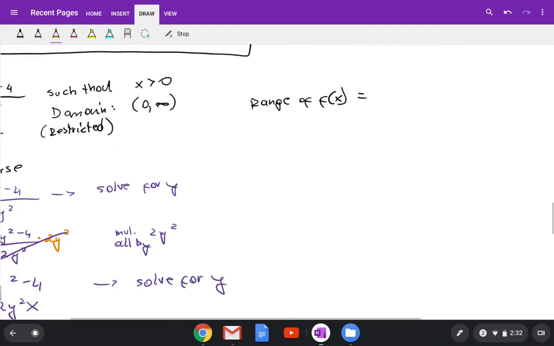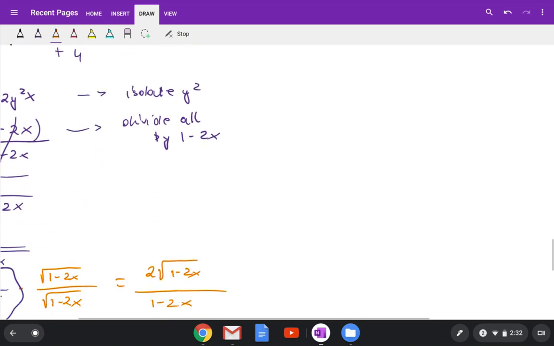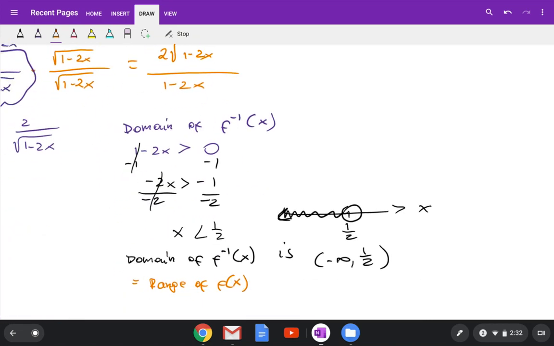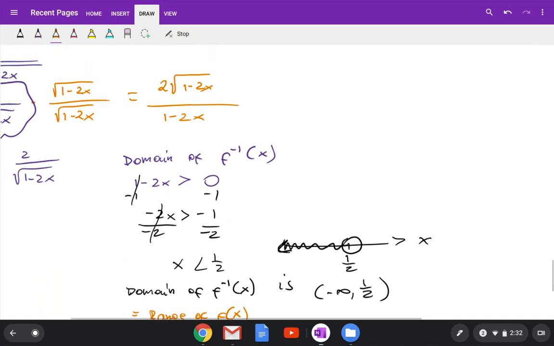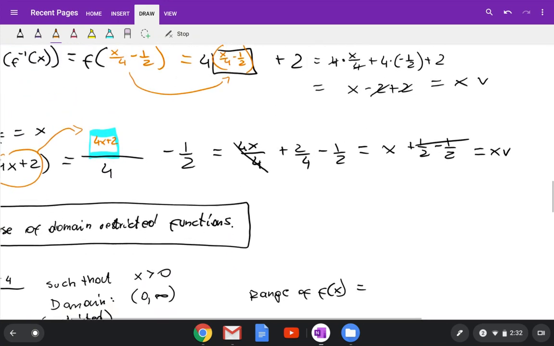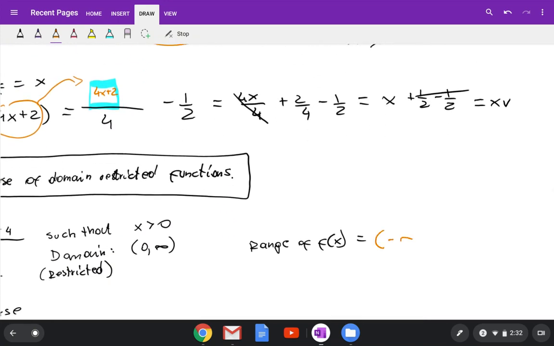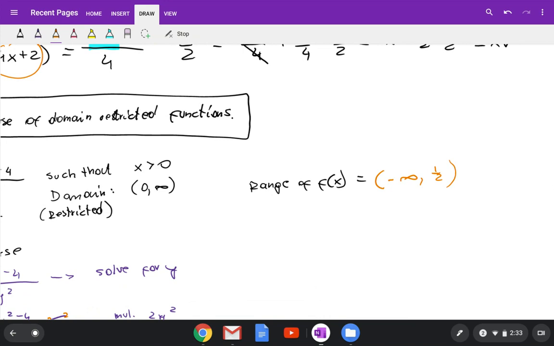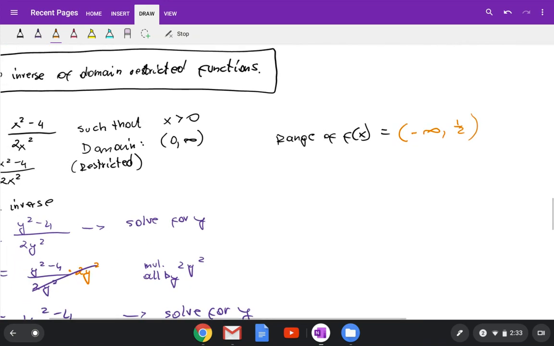So now when I have an inverse, I know the domain of my inverse function is the same as the range of the original function. So I know that the range of the original function will be from -infinity to 1/2. Sometimes if you're missing some of the information, just leave it. When you find the inverse, you will be able to quickly verify.